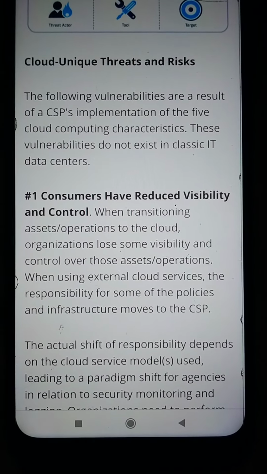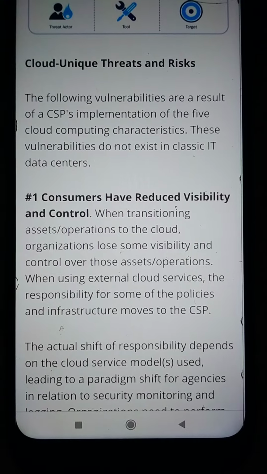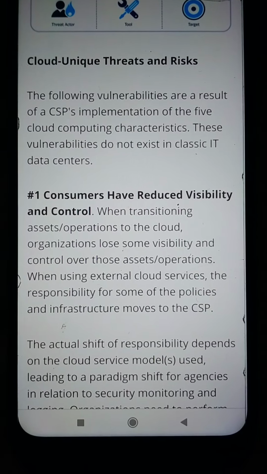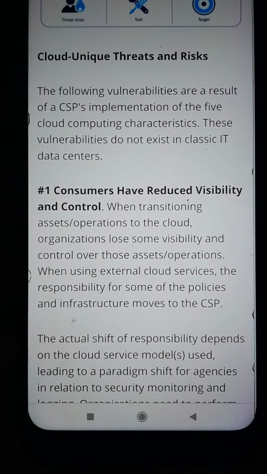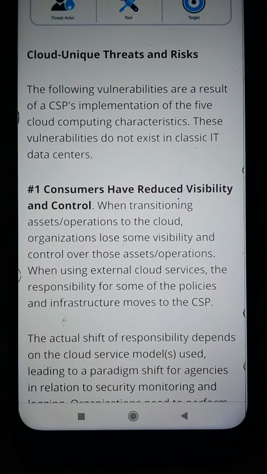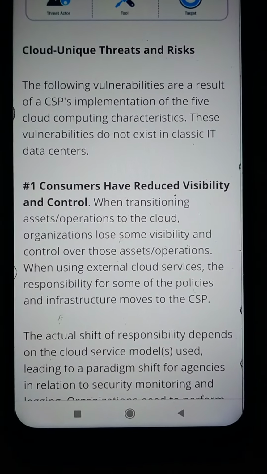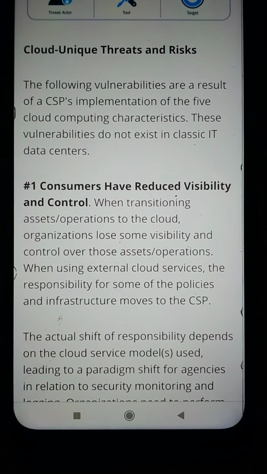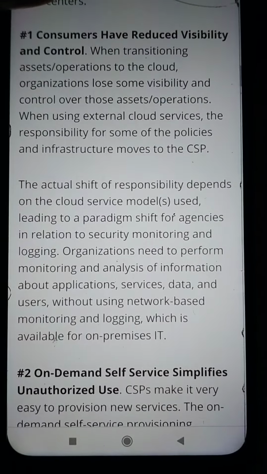When transitioning assets and operations to the cloud, organizations lose some visibility and control over those assets and operations. When using external cloud services, the responsibility for some of the policies and infrastructure moves to the CSP.